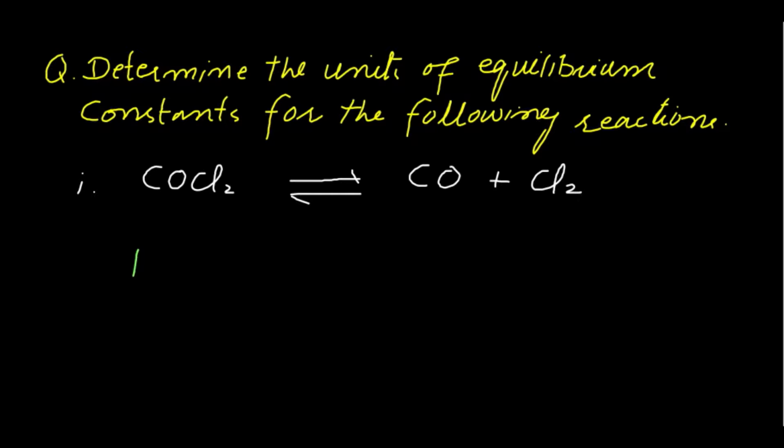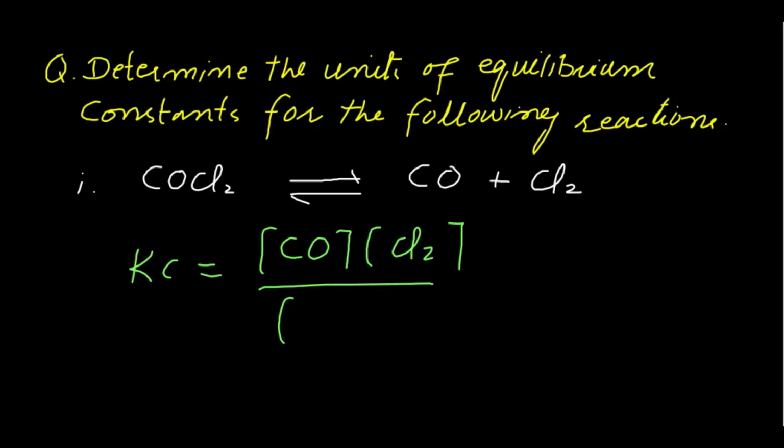So in order to determine the unit for this reaction, first of all we will write the value of Kc. So Kc for this reaction is equal to, what are the products of this reaction? Carbon monoxide as well as chlorine, divided by carbonyl chloride, COCl2.